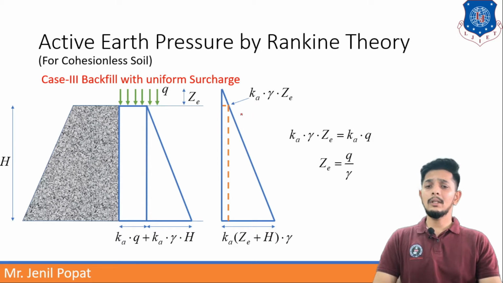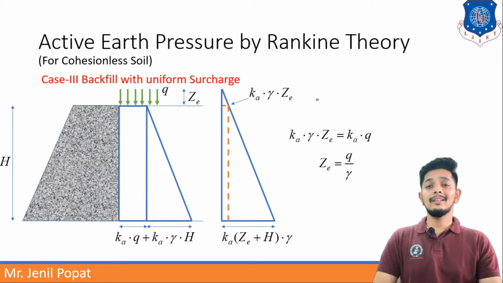Up to this height the pressure will be K into gamma into Ze, which is very self-explanatory. Now K gamma Ze is equal to K Q. We can find Ze from that, and the equivalent height of surcharge will be Q by gamma. This formula can be asked in problems.